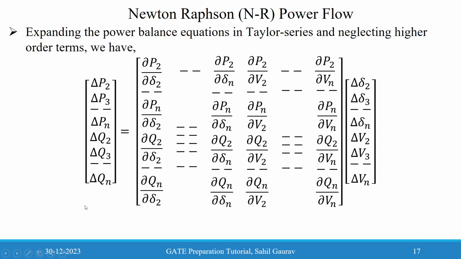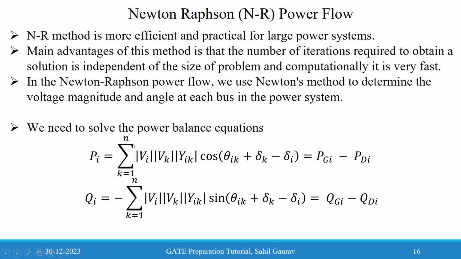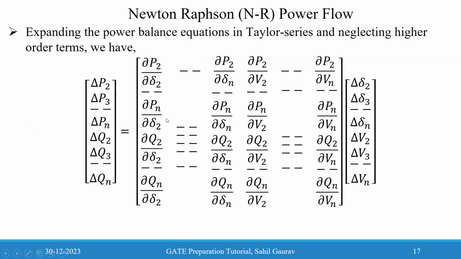Here in the left hand side, we have put the active and reactive power mismatch, and in the right hand side we have put the angle mismatch and the voltage magnitude mismatch. You have to expand using the Taylor series expansion, and then neglect the higher terms. You have to just consider the first two terms only. Then you will get this expression.